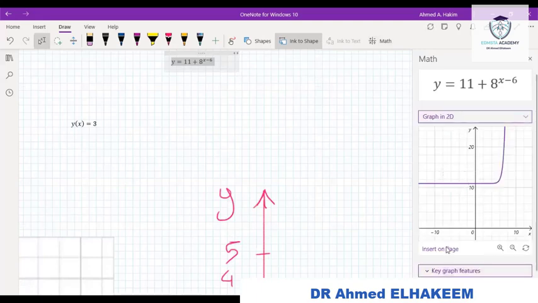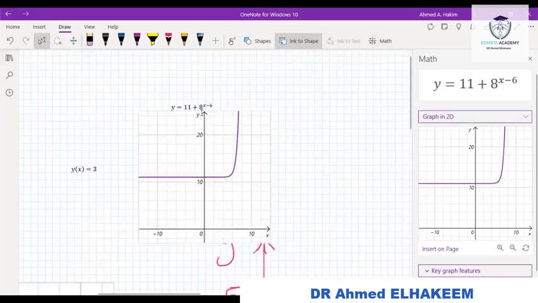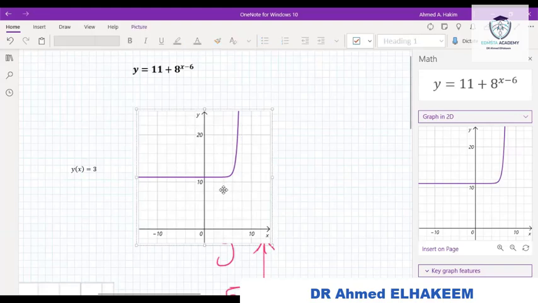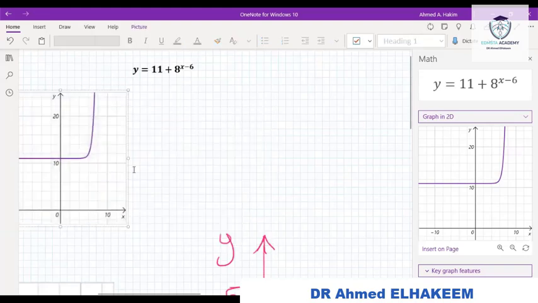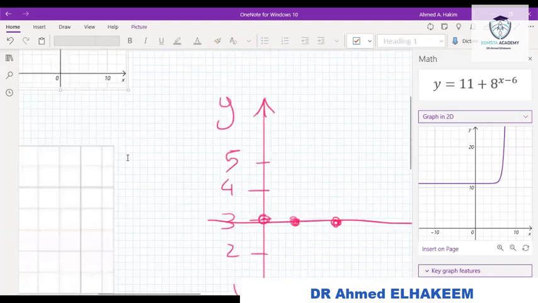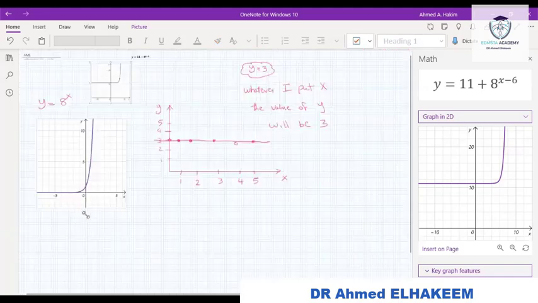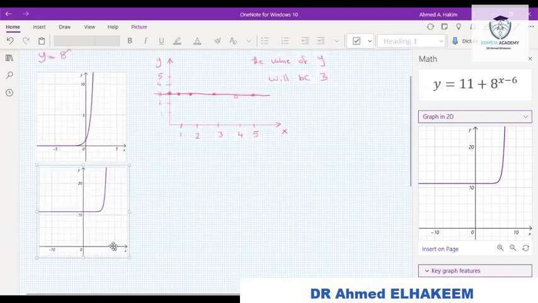So here is the graph now of this function. What do you notice? I want you to tell me. Most of it is on a straight line. Okay, I will show you now. This is the first one, and this is the second one.